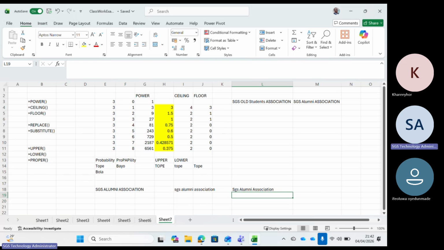What else can we learn? Trim. This is the last for today. Let's look at trim. Equals trim.